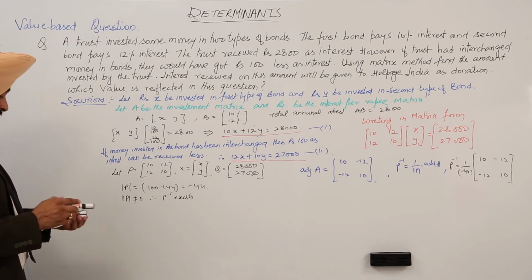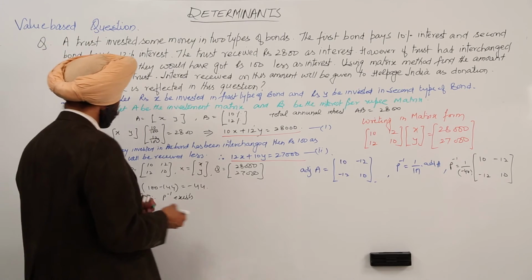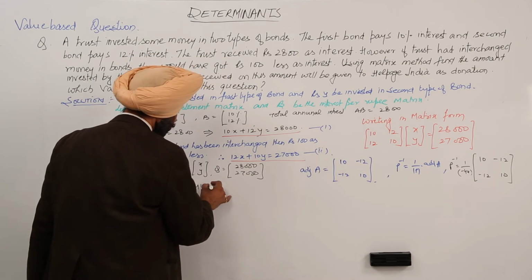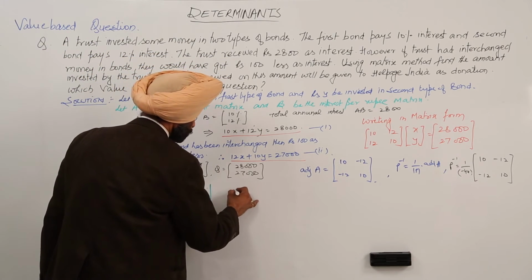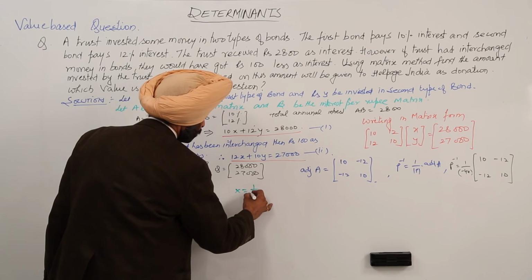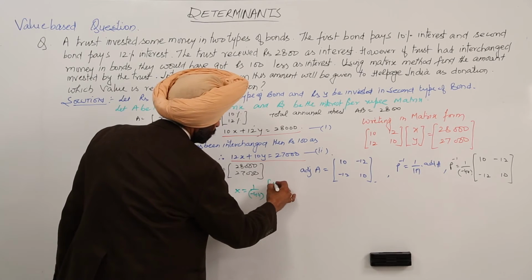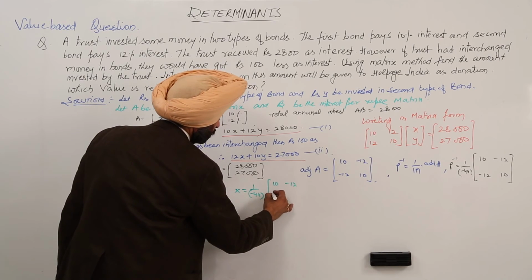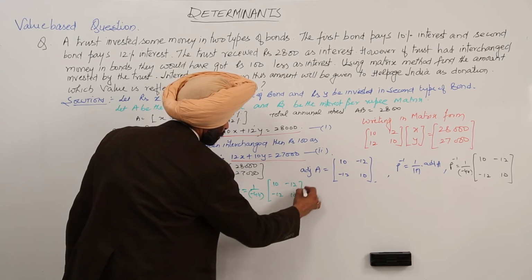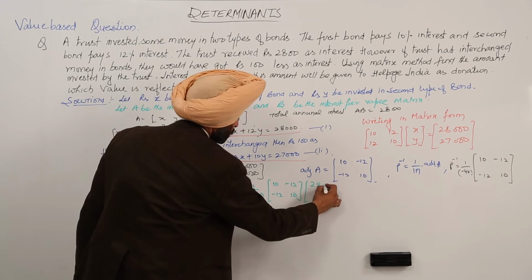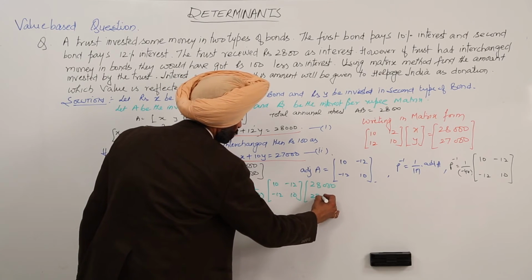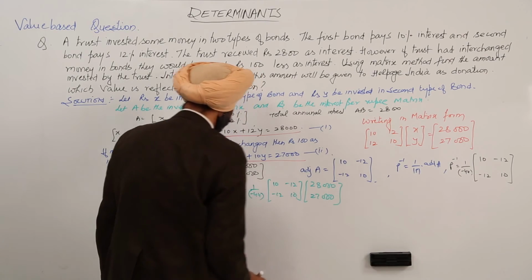Now let us solve it. I am using this space, okay. Now x is equal to 1 upon minus 44 with [10 -12; -12 10] with [28000 27000].